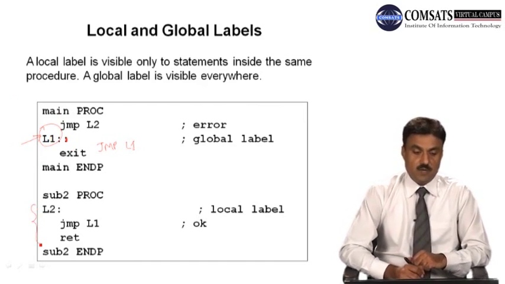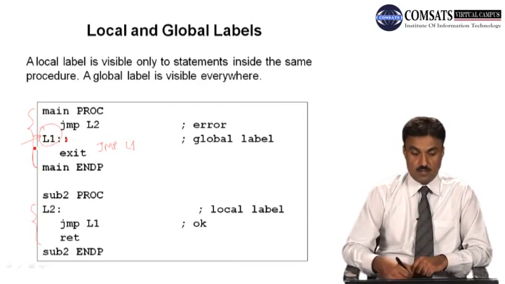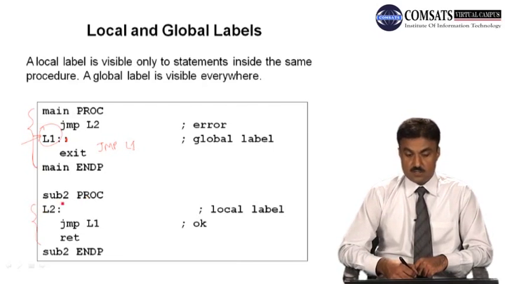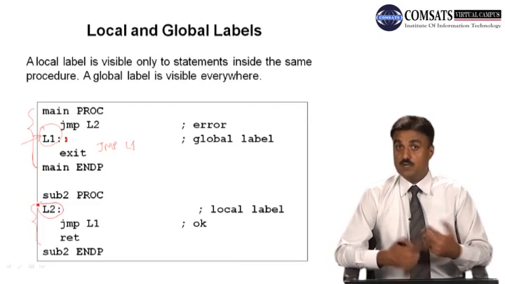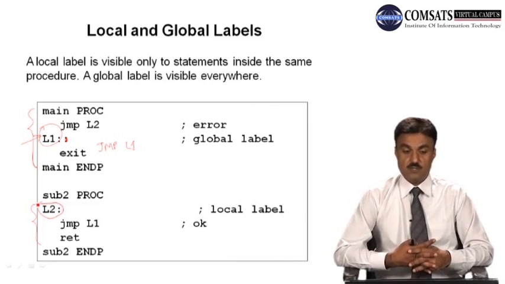So inside the main program, whatsoever the labels you define, they are global and they can be accessed, they are available or can be accessed to the other procedures and from the other procedures and so on. However, the procedures or the labels which are defined inside the procedures, just like L2, they cannot be accessed from other procedures or also from the main program and so on.